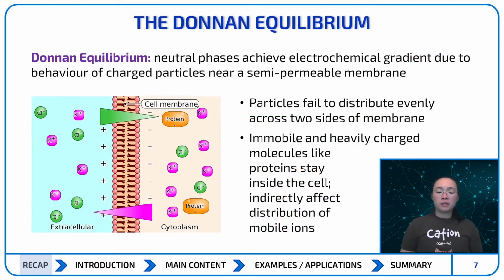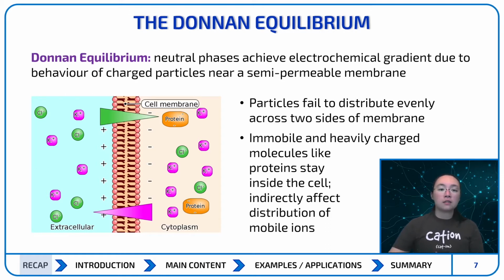But what happens if you have a semi-permeable membrane that is highly selective and is unable to allow your sodium and your chlorine atoms to pass through all the time? In that case, even though your phases can be separate, it can be neutral, what happens if you have a larger protein that can't pass through?